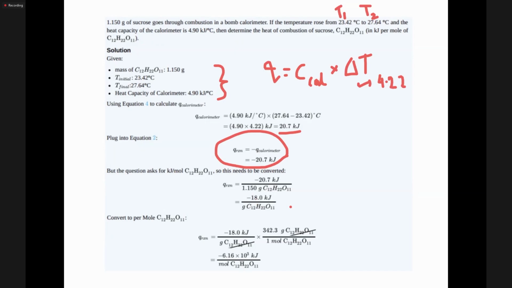Now from gram to mole we have to go, because the question asks for kilojoule per mole of sucrose.